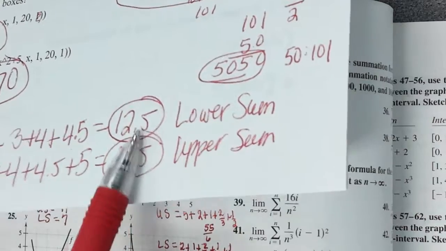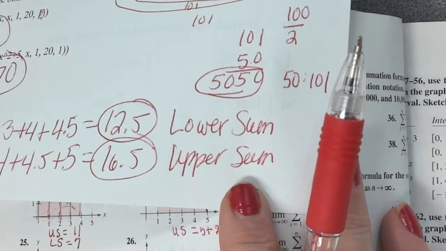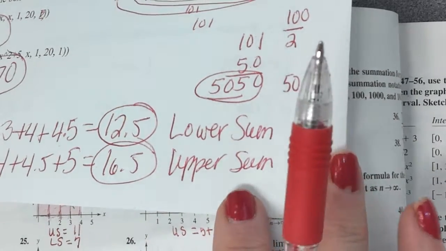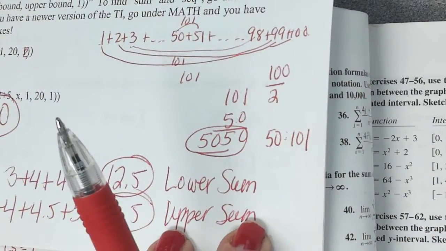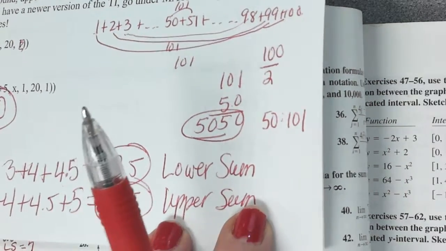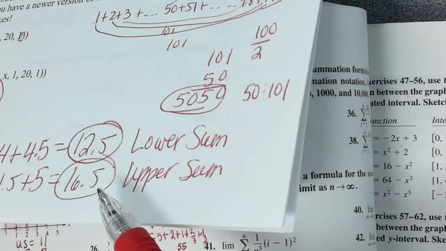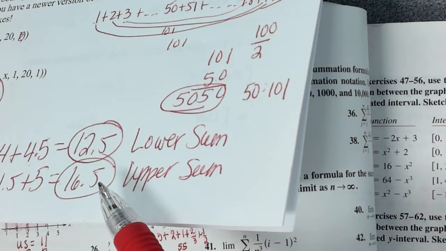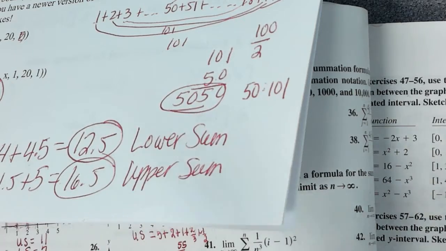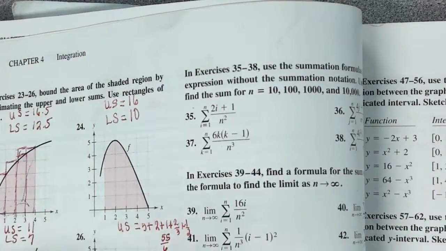What could I do with these two numbers to find an even better estimate for the area? If this one's always too small and this one's always too large, what could I do with the two of them? Average them, right. So what's in the middle of 12.5 and 16.5? 14.5. 14.5 would probably be a very good estimate of the area under that curve.